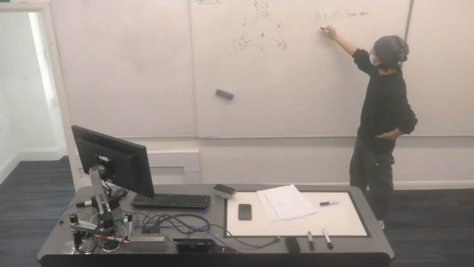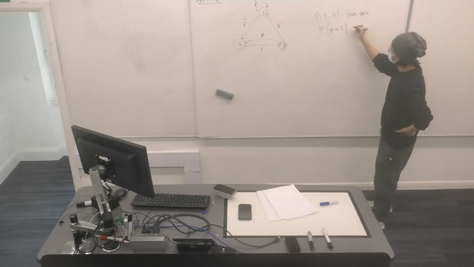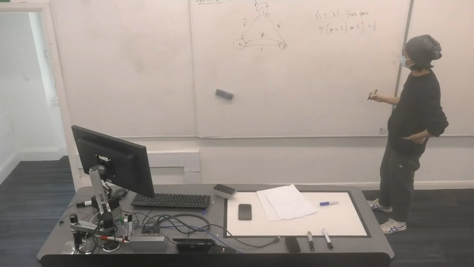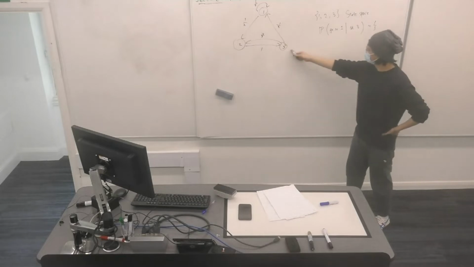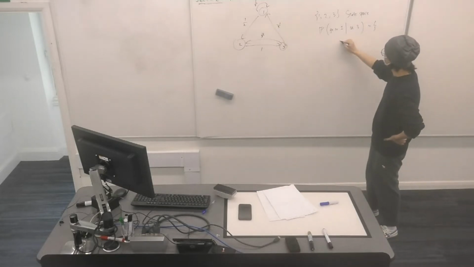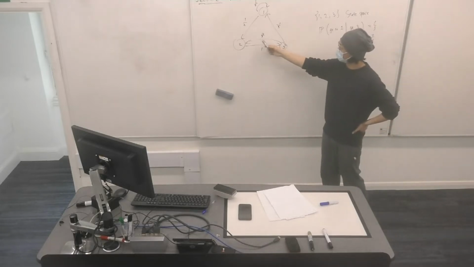So the probability of going to 1 conditioned on being at 3 would be 1/3. Notice that we are at 3 here, and the probability of going to 1 is 1/3. Now if it's 2, it will be 2/3, because we can just read it off the graph.